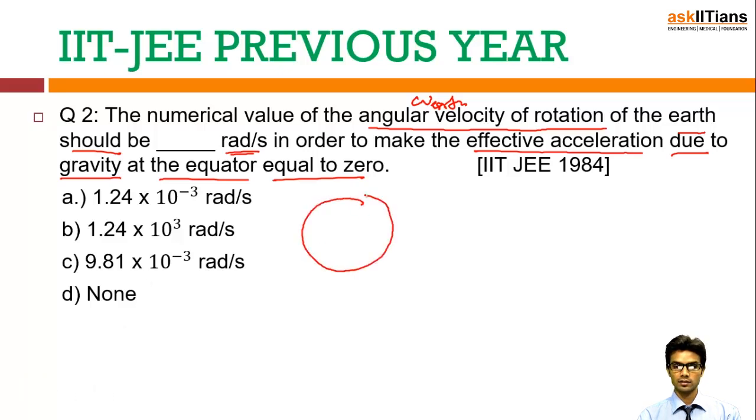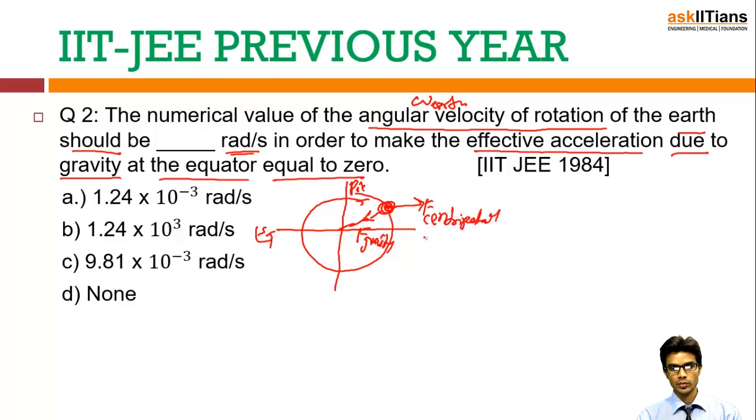This was the case. This is the earth, this is the equator, this is the pole. At any position, mass m, this is mg, the gravitational force, and this is the centripetal force.